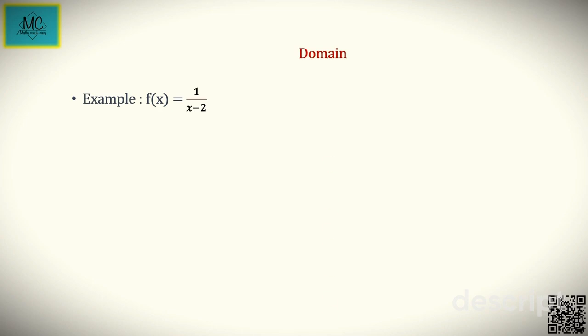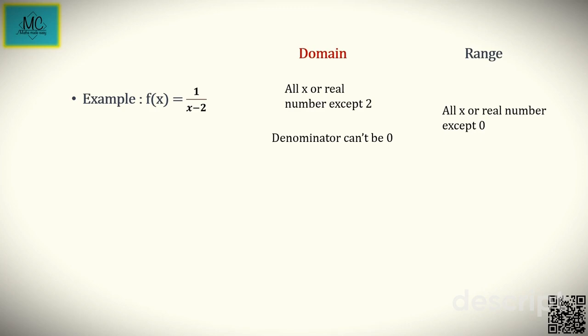The domain of this function will be all the real numbers except 2. Why except 2? Because the denominator can't be 0, because we cannot divide 1 by 0. Okay? The range of this function is all the real numbers except 0, because we cannot obtain 0 as an output by plugging in any input value.